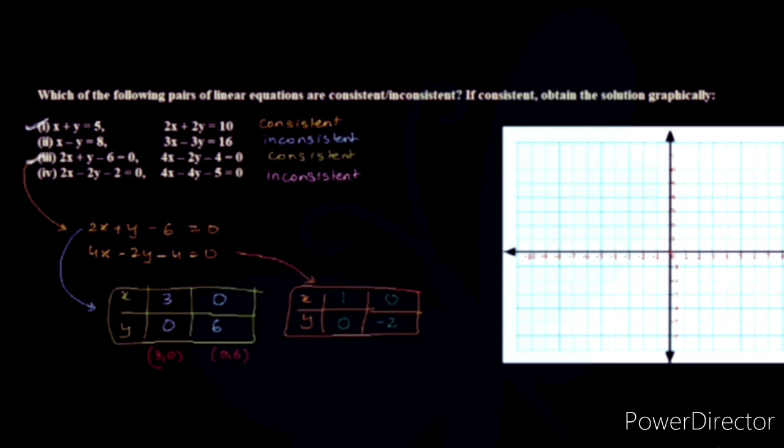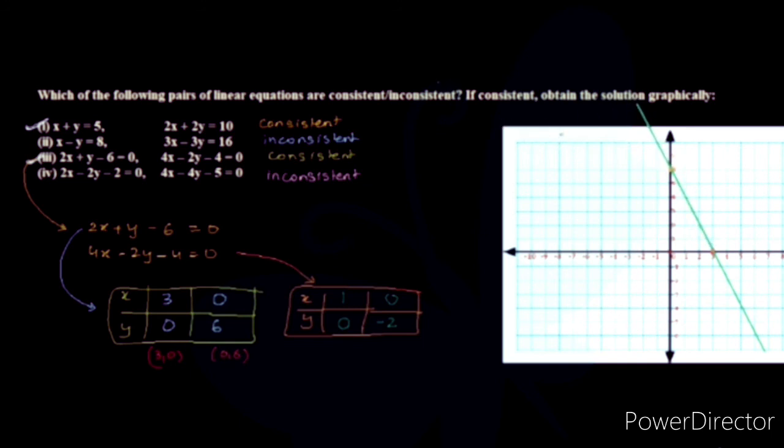I hope you can see the red point, that's 3 comma 0. 0 comma 6 is here on the y axis, the orange point. Let's pass a line through these two. Let's choose the green color. I hope you can see the line. Let me extend it to the other side as well.